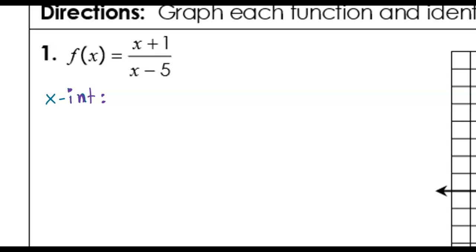X-intercept. We look at our numerator and we're trying to take that factor and find the zero for that factor. How do we find a zero again? How do we take a factor and find a zero?